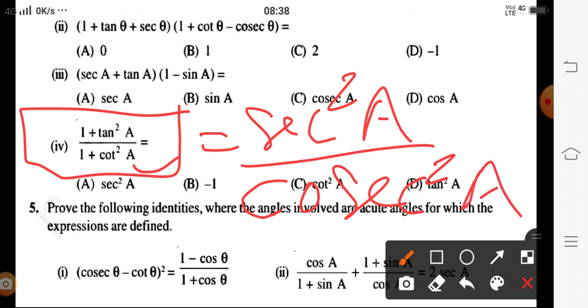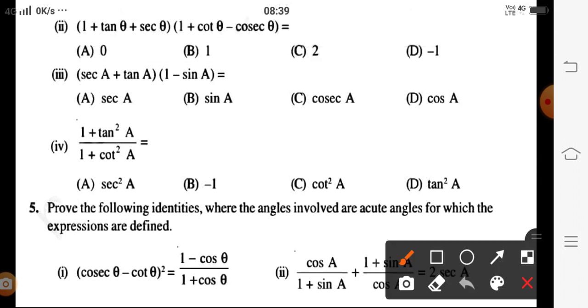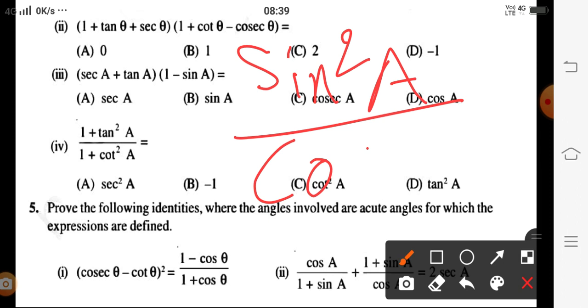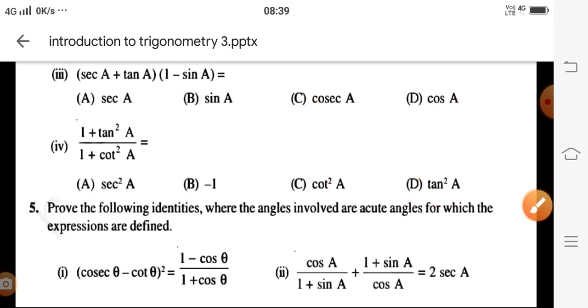It means that we have to convert these values in terms of sine and cos. Then sec square a is written as 1 upon cos square a, and cosec square a is written as 1 upon sine square a. Then we are getting sine square a upon cos square a, if you are converting these values in terms of sine and cos. And sine upon cos is tan. For this reason, part D, tan square a, is the solution of the question.